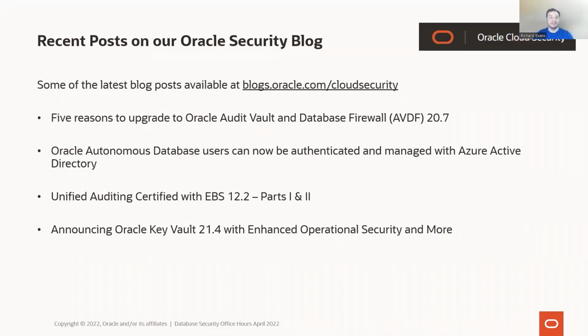Enterprise Business Suite supports unified auditing, and Elke Phelps did 2 blogs on that, parts 1 and 2. And then Peter Wahl and the Key Vault team have Key Vault 21.4 available for you. So he talks about that. I'll go ahead and paste these links in the chat as well, so you can get access to those blogs. You can subscribe, take a look at those blogs on a regular basis. We put out a blog on a regular cadence, so you'll see some good updates.